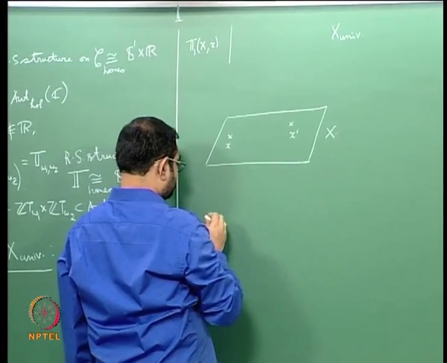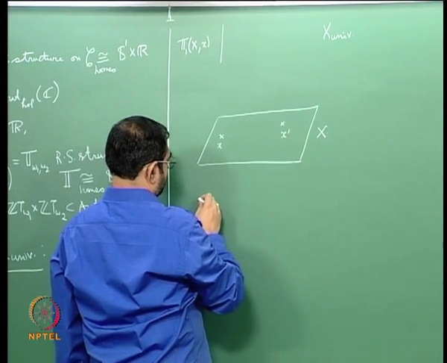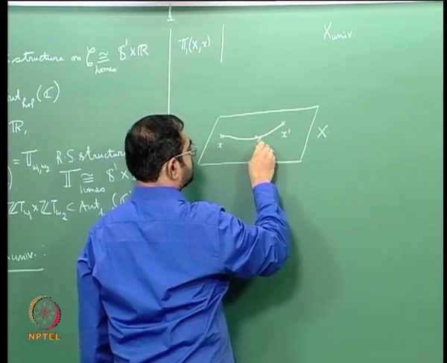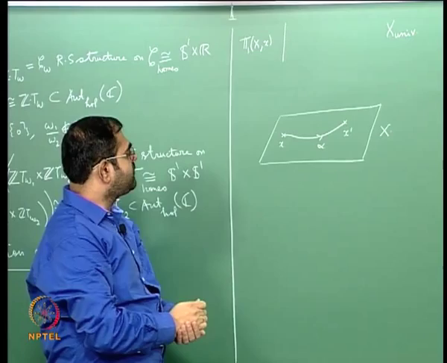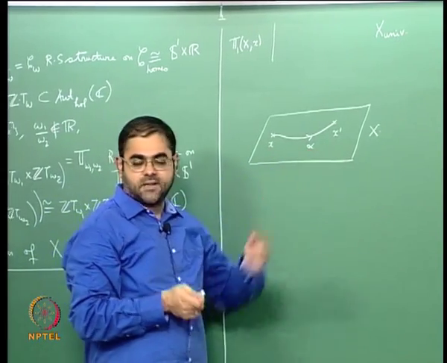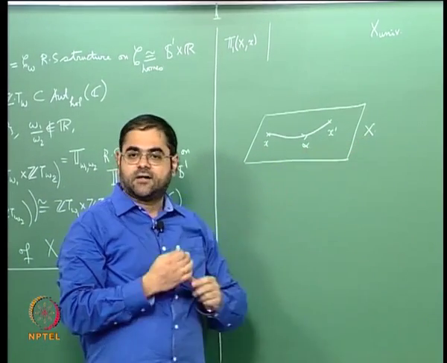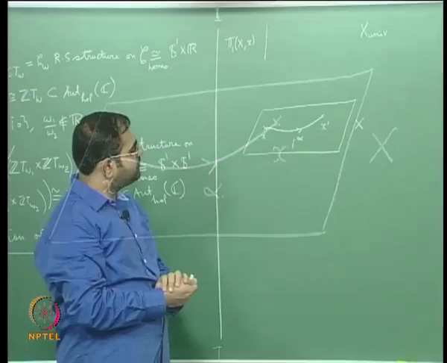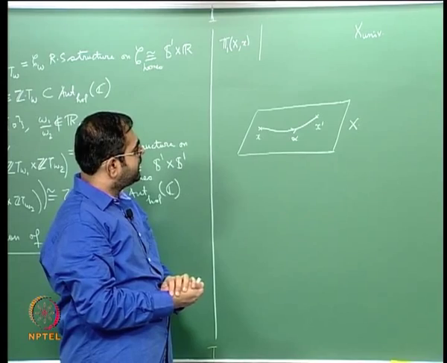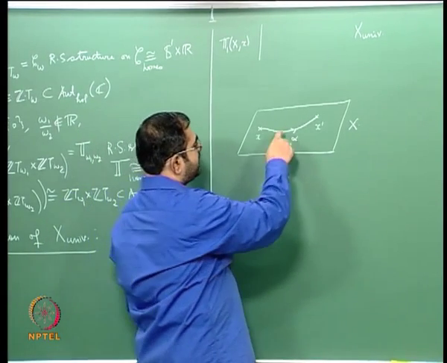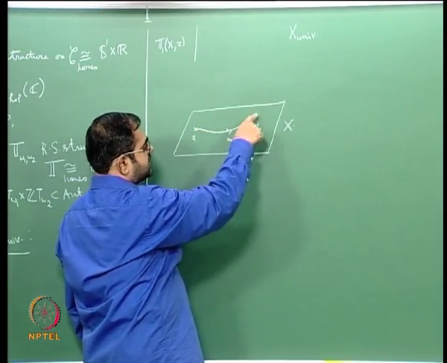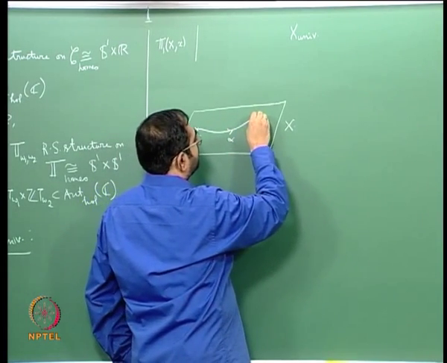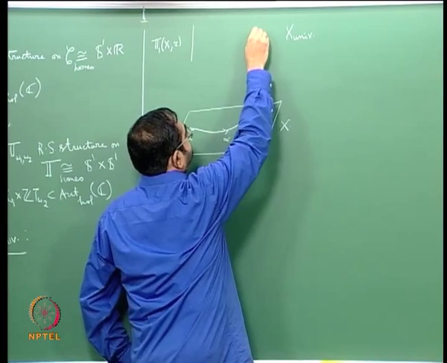Okay, so the answer to that is the following. What one does is that one takes paths alpha from x to x prime. Such paths always do exist because X is arcwise connected. Okay, so I can take a path like this, and I can take the homotopy class of this path and put all those paths on top.